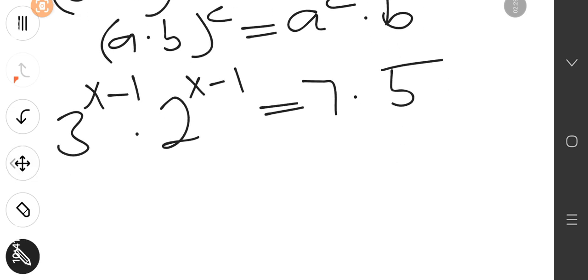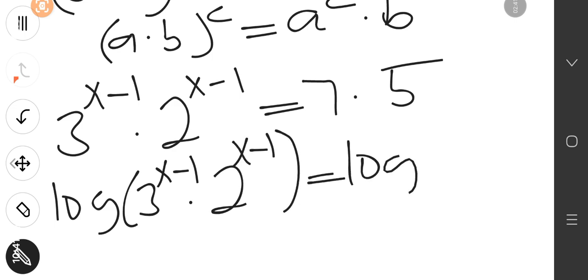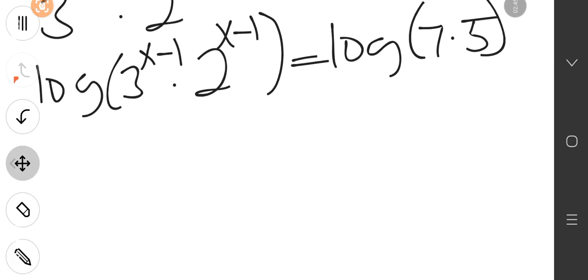Now, let's apply logarithm. So we say log of 3^(x - 1) times 2^(x - 1) equals log of 7 times 5. All right. Now let's apply the product rule of logarithm.